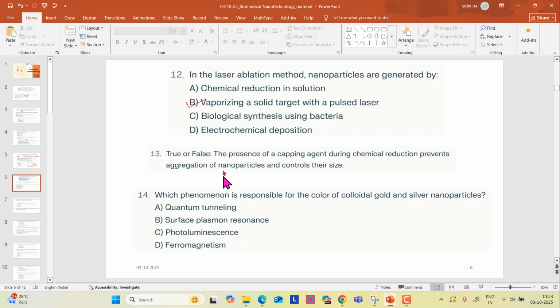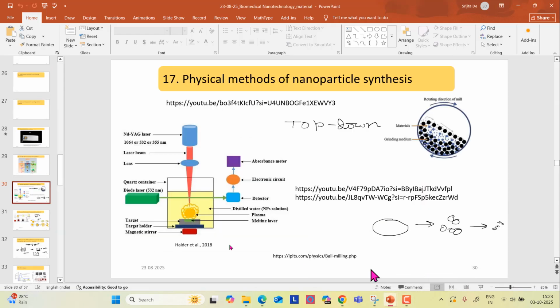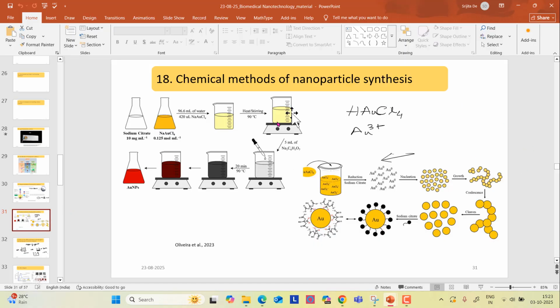This is also another kind of top-down approach for nanoparticle synthesis. Next, the presence of a capping agent during chemical reduction prevents aggregation of nanoparticles and controls their size. So, what happens in the bottom-up approach of nanoparticle synthesis? Generally, if I talk about chemical synthesis of gold nanoparticles, gold salt is there, then sodium citrate is used as a reducing agent.